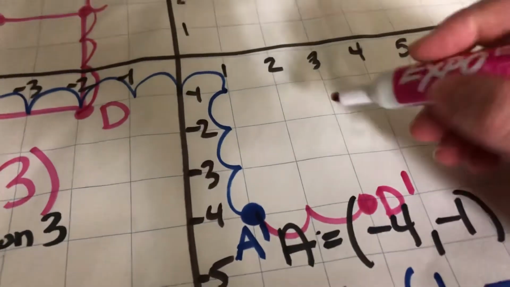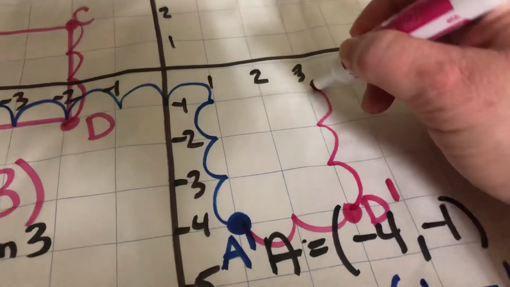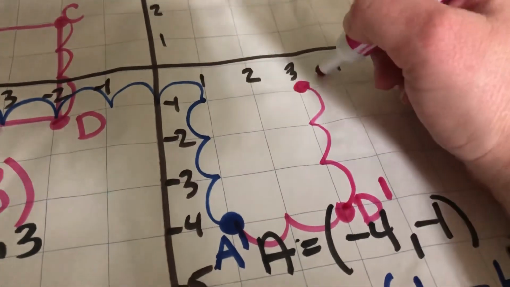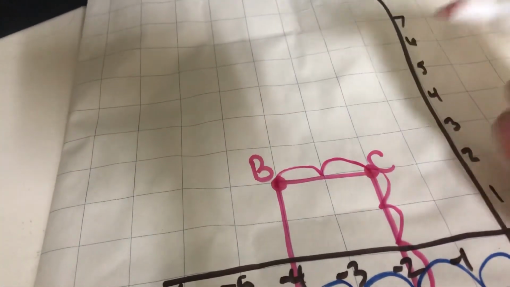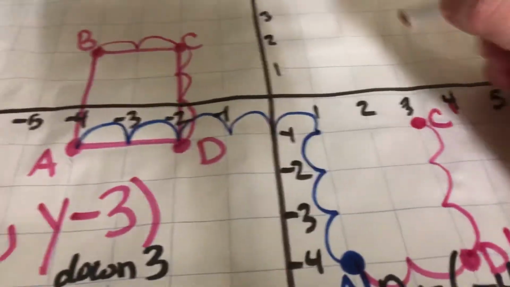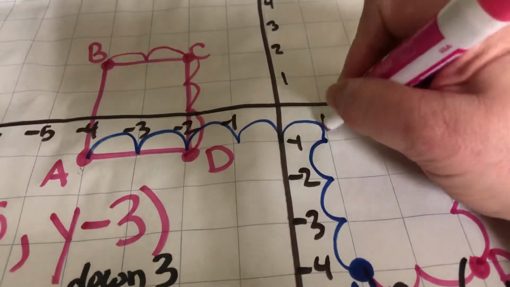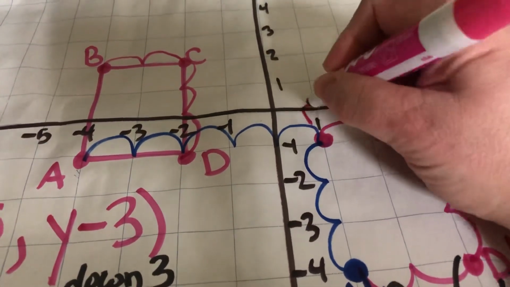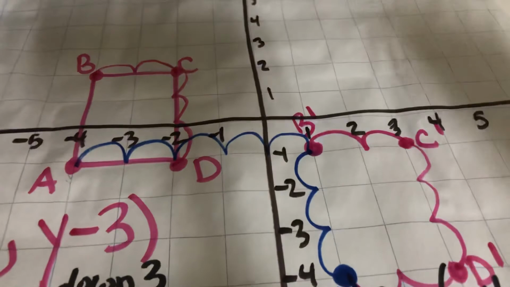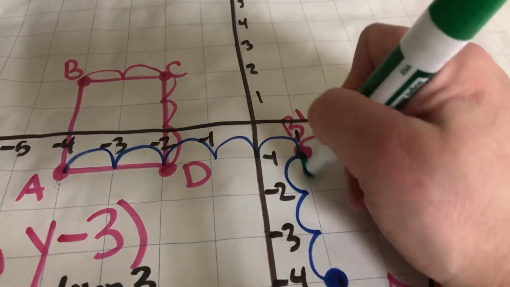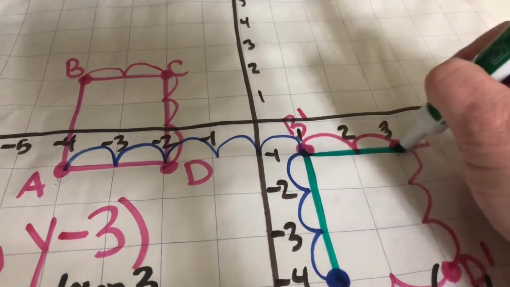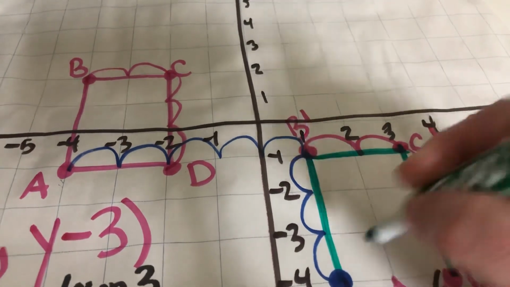So from D1 to C1 is 1, 2, 3 up. And I'm going to label that C1. And from C to B is 1, 2 to the left. So from C1 to B1 is 1, 2 to the left. And then I can use my ruler and I can redraw my shape.